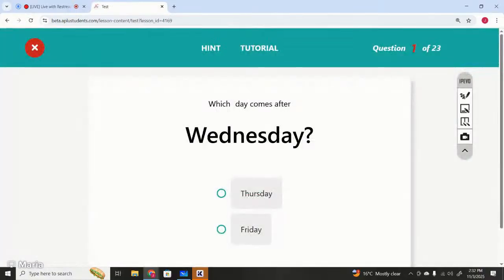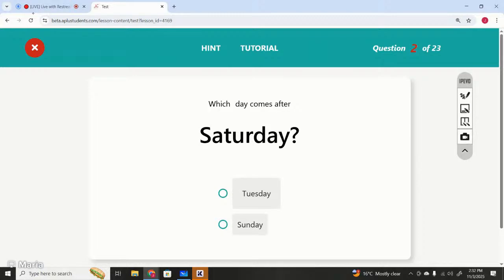Which day is it? After Wednesday it is Thursday. The correct option is Thursday.